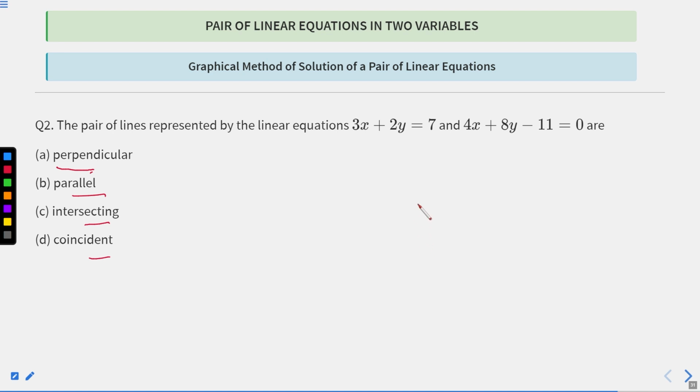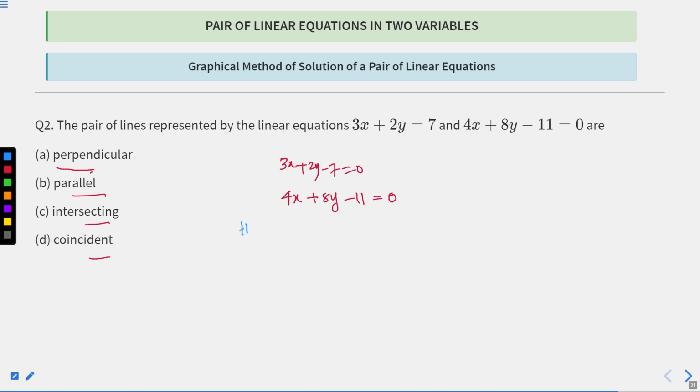Here we can first rearrange these equations as 3x plus 2y minus 7 equal to 0 and 4x plus 8y minus 11 equal to 0. Now we compare with the general form a1x plus b1y plus c1 equal to 0 and a2x plus b2y plus c2 equal to 0.